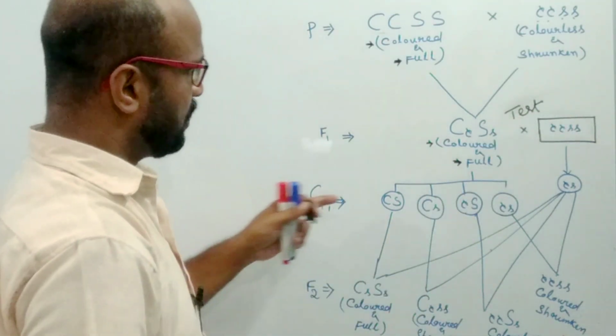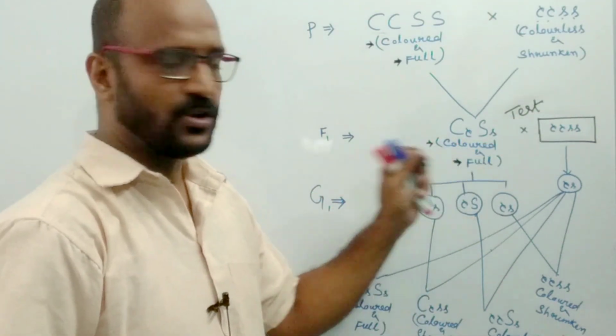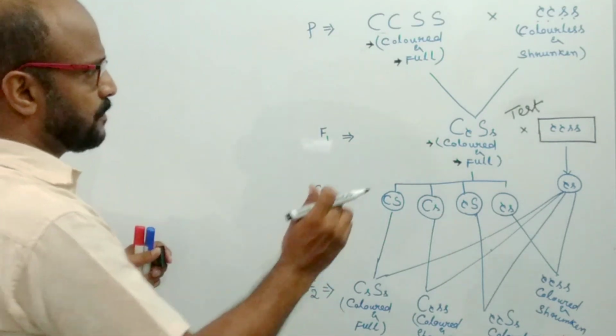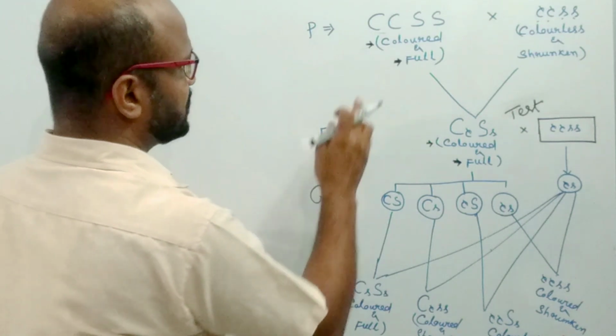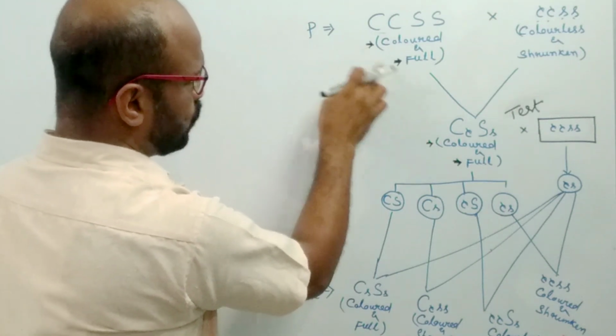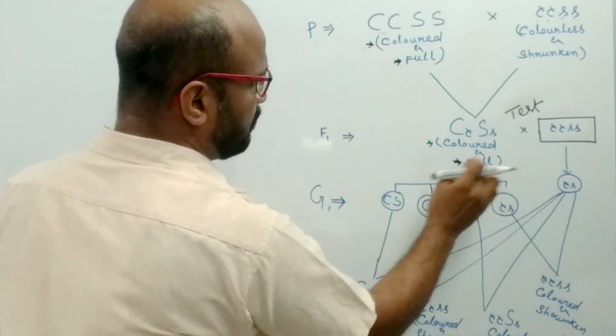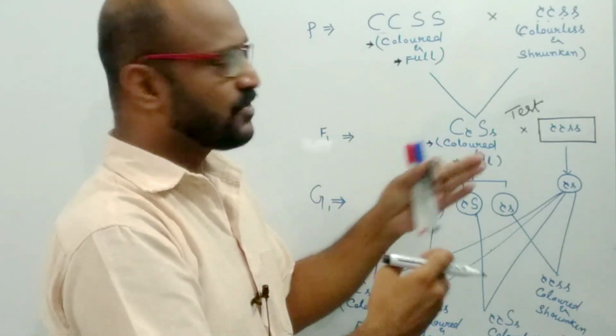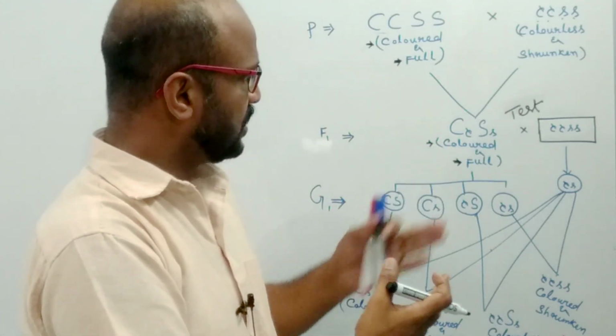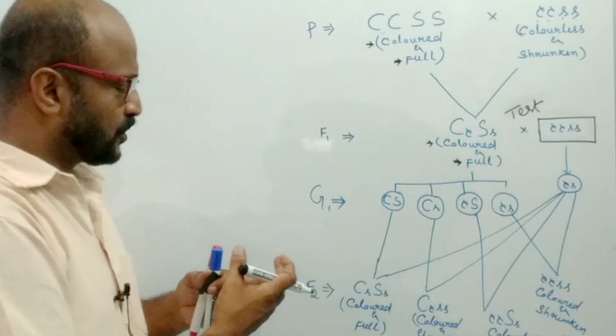I have a separate video regarding the test cross. This is one type of dihybrid cross, because we consider two characters and these two individuals differ from each other by two pairs of contrasting characters.